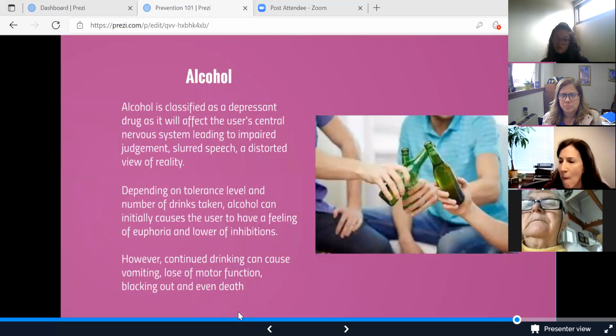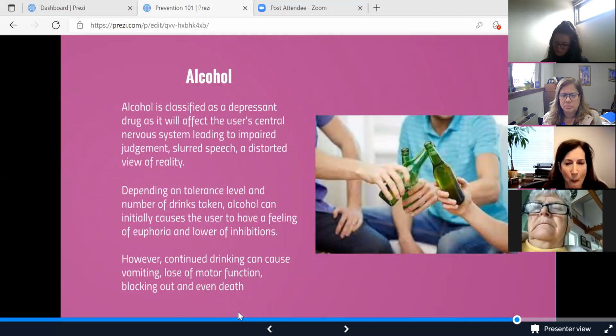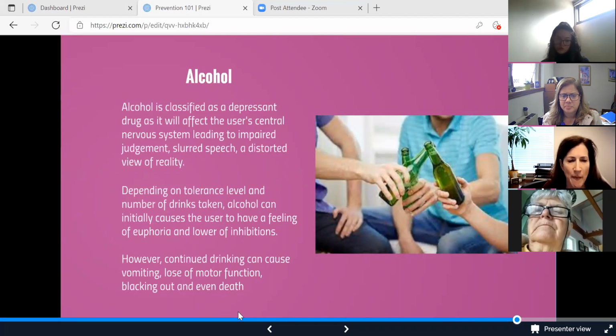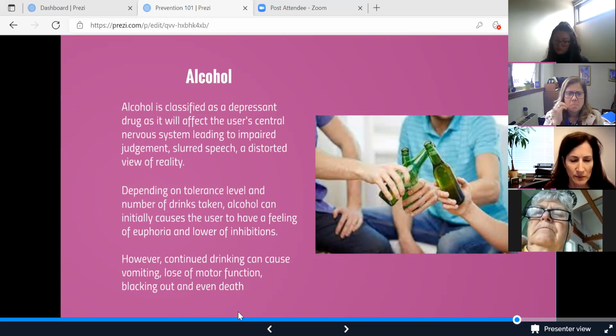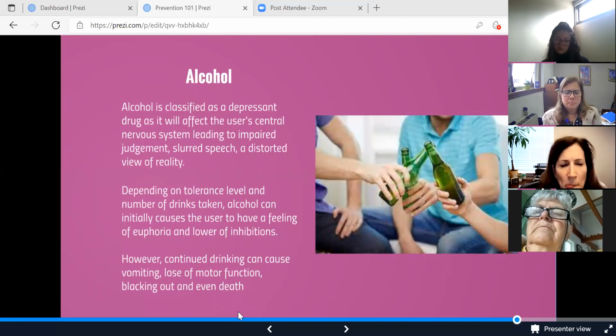The next drug we want to look into is alcohol, which is in itself a depressant drug, as it slows the user's central nervous system and causes impaired judgment, slurred speech, and distorted realities. You'll sometimes hear someone say that they had beer goggles, which means they have a distorted view of reality, or they're seeing things that normally they wouldn't see when they were sober.